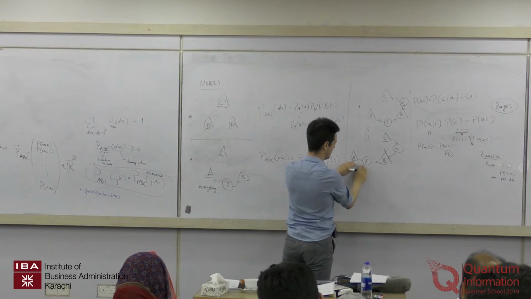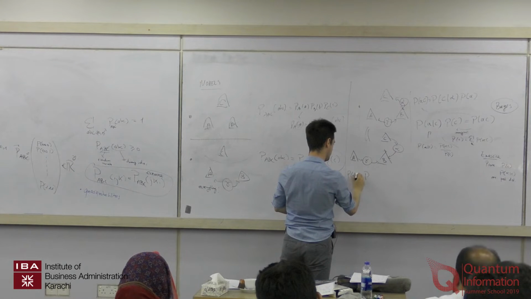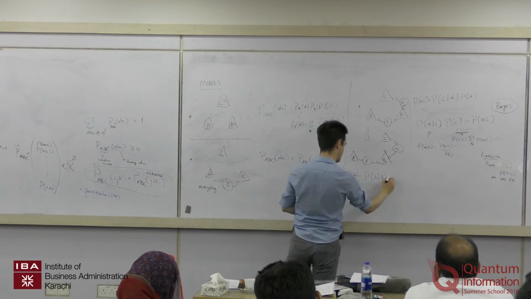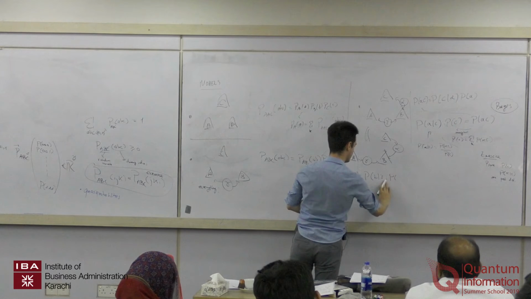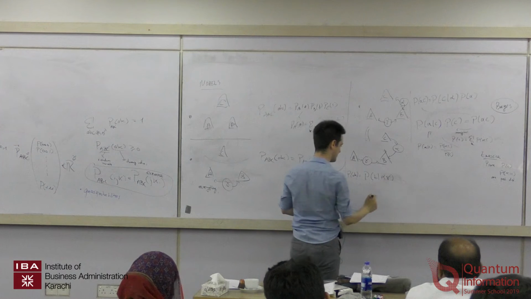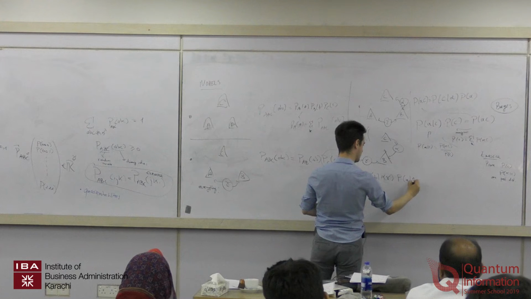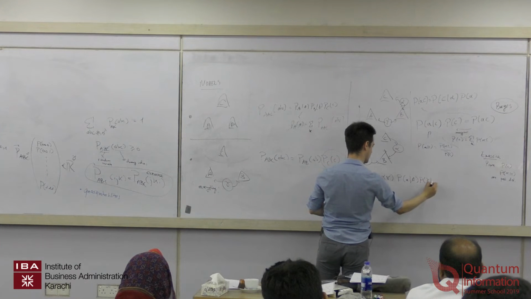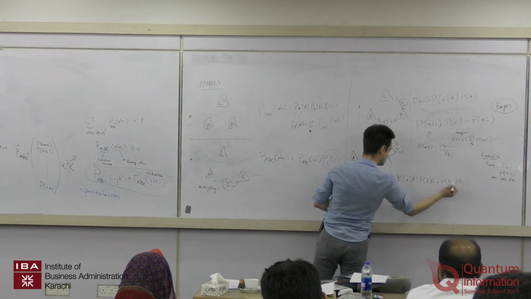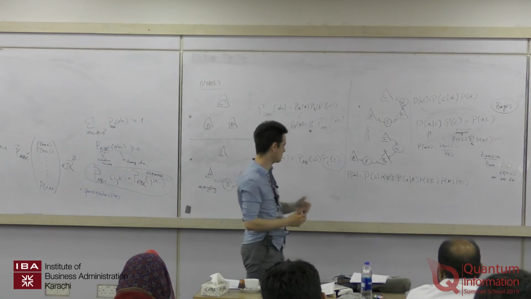And I can write everything that I observed there. This P(A,B,C) here is equal to P(B given alpha and gamma), P(alpha given A), P(gamma given C), P(A), P(C), which is a bit long.